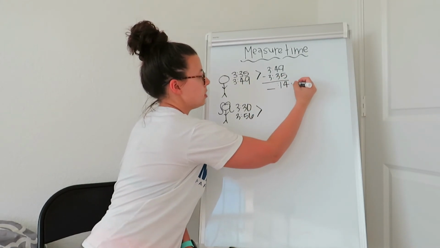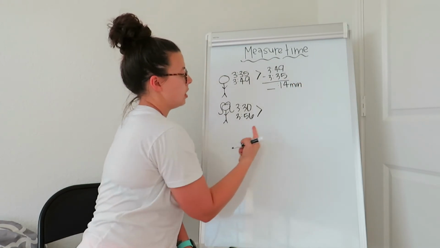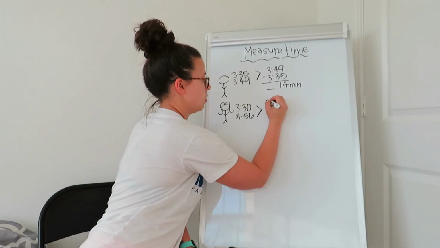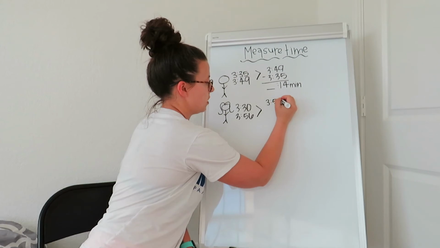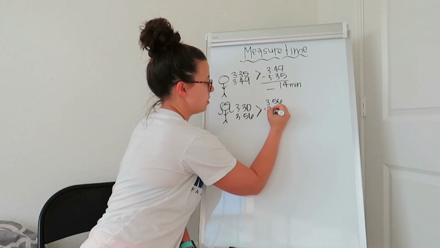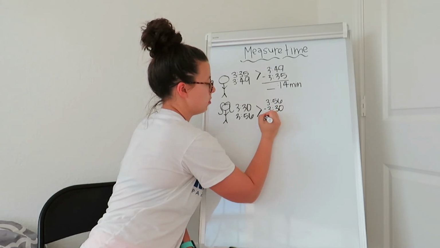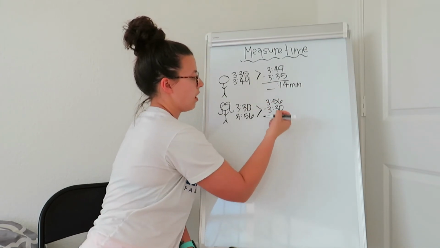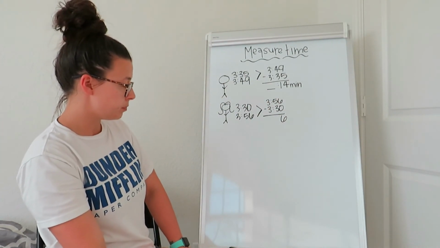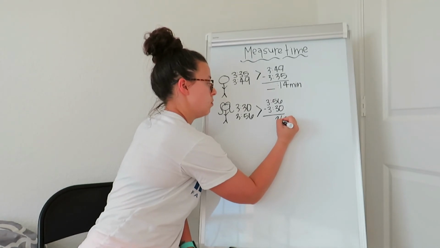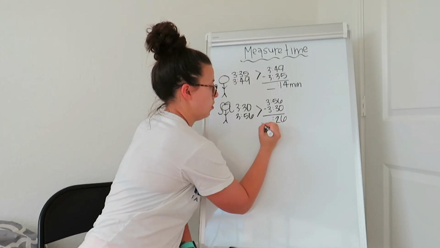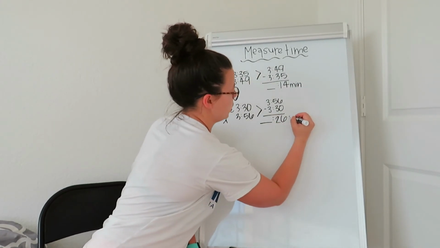So we know that Aiden spent 14 minutes. Now how long did Ava spend? So we have 3:56 minus 3:30, 6. 5 minus 3, 2. No hour, so she spent 26 minutes.